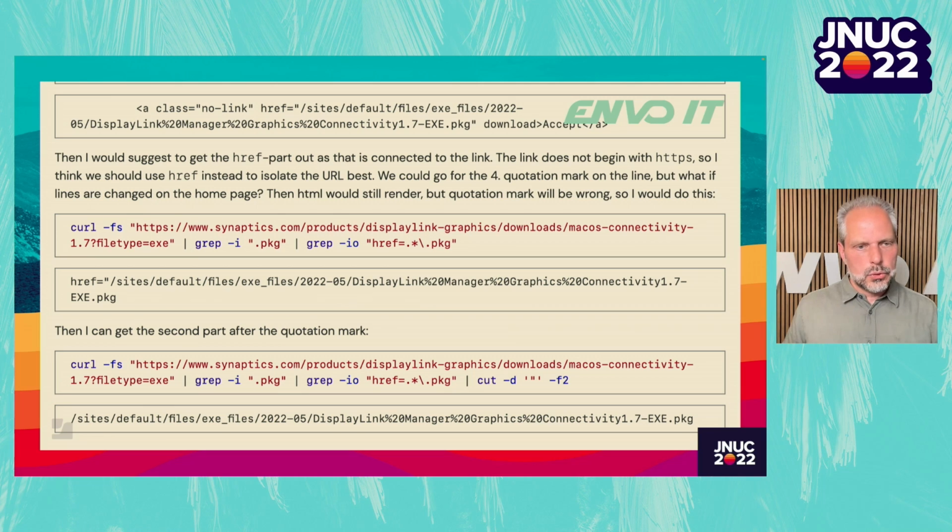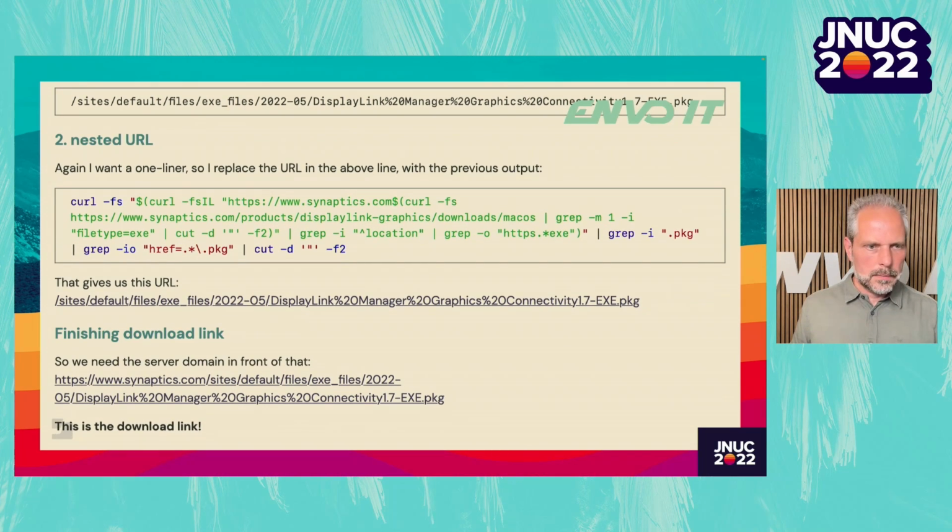In this way, I want to isolate the href using grep, because I think that is a better match on this page. So I will get a result from href to the pkg, and then I want to use cut to find that. Then I can nest all of this and finish my download.